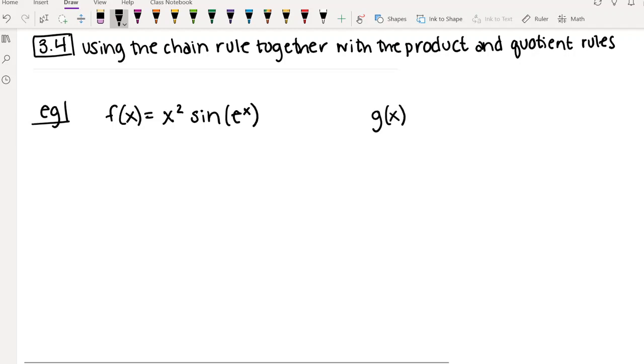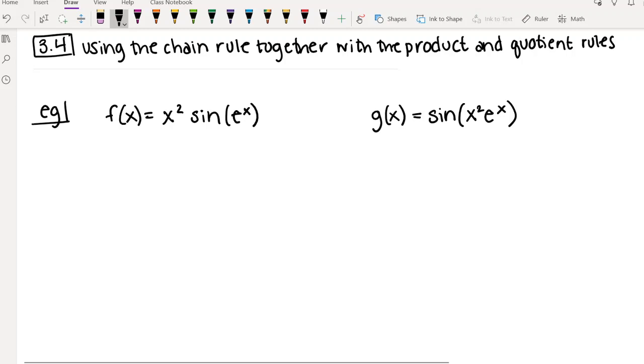So the first function is x squared times sine of e to the x. And the second example is sine of e to the x times x squared. Or I guess I like to write it this way, sine of x squared e to the x. So these look really similar, right? They have the same kind of pieces, just arranged in a different way.